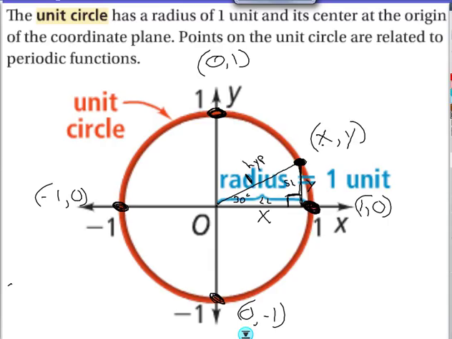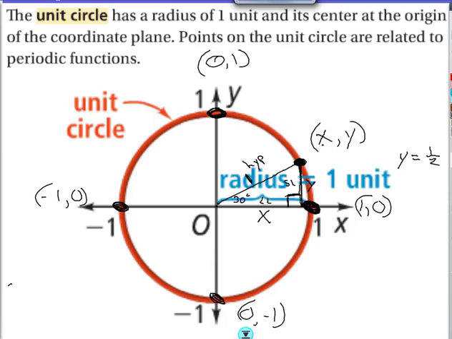Well, what is the hypotenuse's length? 1. So when you divide by 2, Y would be how long? All right. 1 divided by 2. 1/2. How do you go from the short leg to the long leg in a 30, 60, 90?